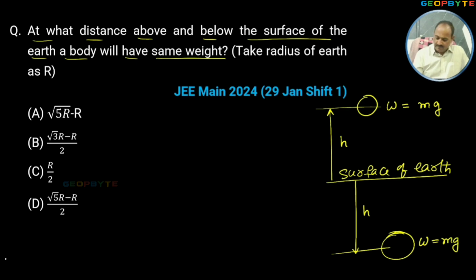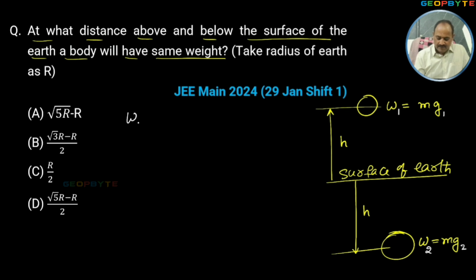Assume the weight above the surface of the earth is w1 equal to m g1. Weight below the surface of the earth is w2 equal to m g2, because m remains the same, because the same body is taken above the surface of the earth and below the surface of the earth.